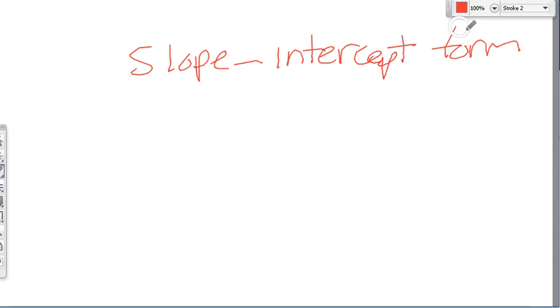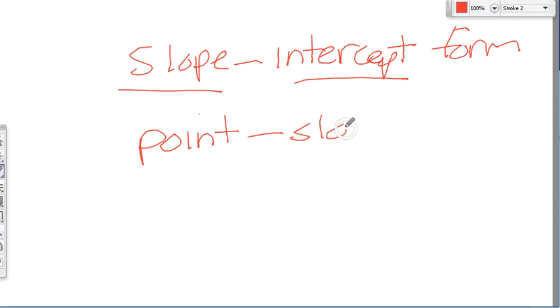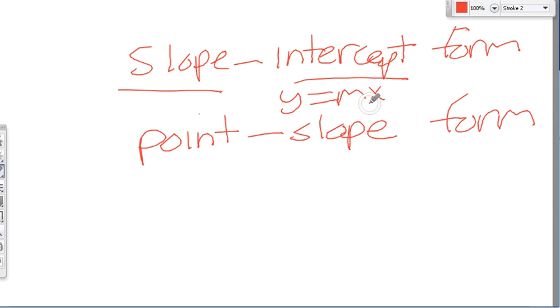So if you're going to write an equation and you're going to use slope-intercept form, that means that you need to be given the slope and the y-intercept. If you're going to write an equation and you've been given the point that the line crosses through and a slope, you're going to use point slope form. Okay, so it's all dependent on what you've been given.